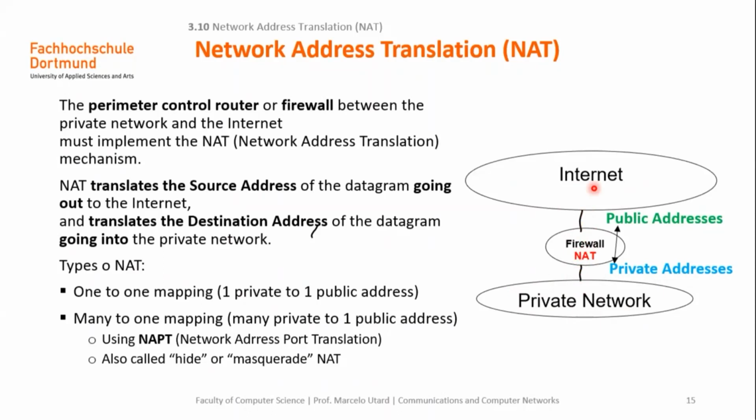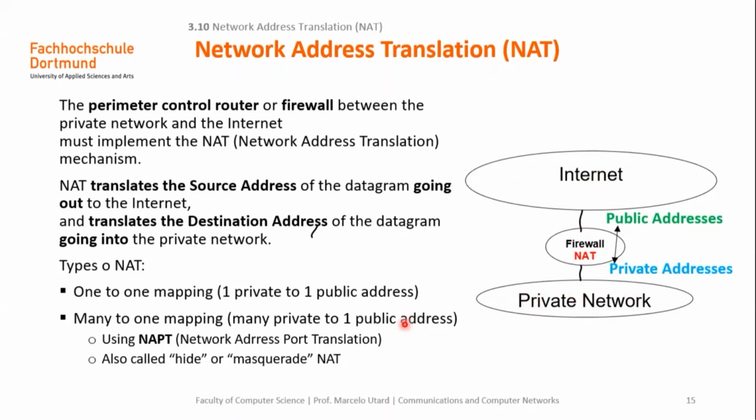For instance, if a particular host here sends a datagram to a particular server in the internet, when the server in the internet answers to this host, we need to multiplex the possible responses to the appropriate different hosts within the private network, even if those hosts are identified with the same public address.